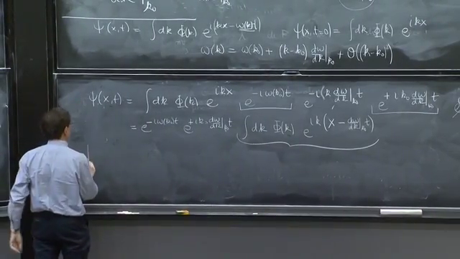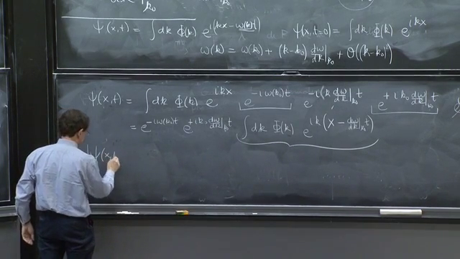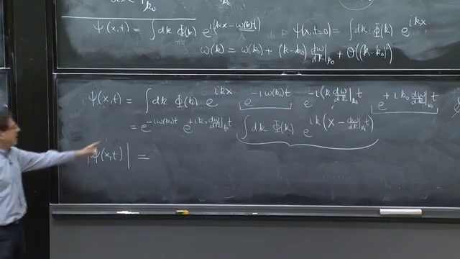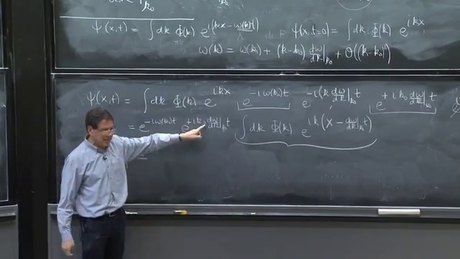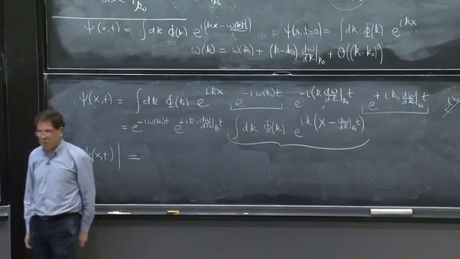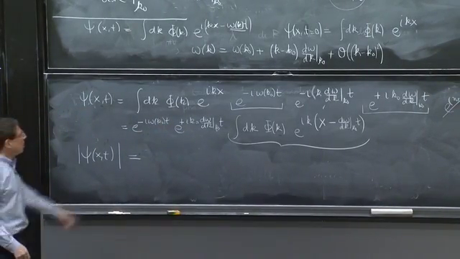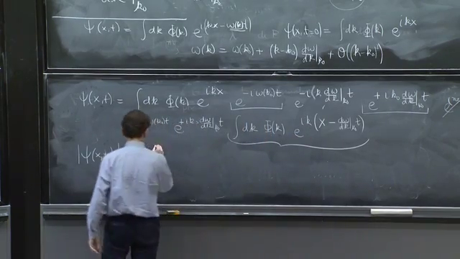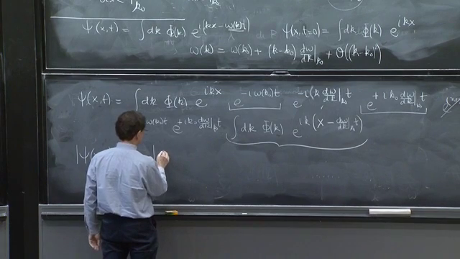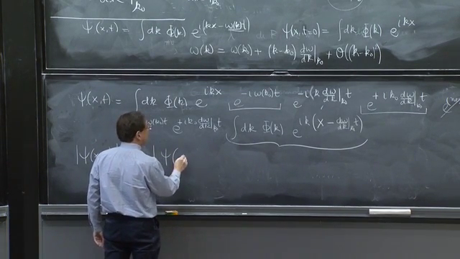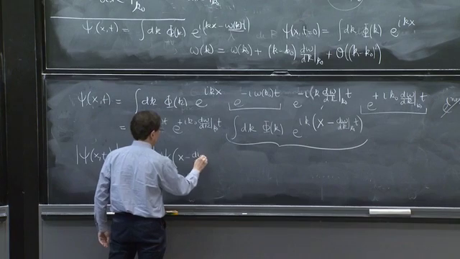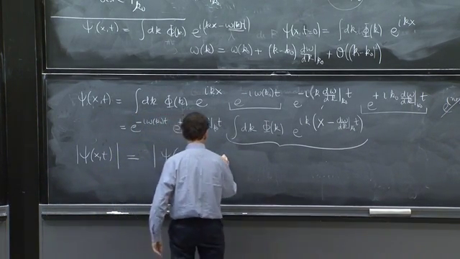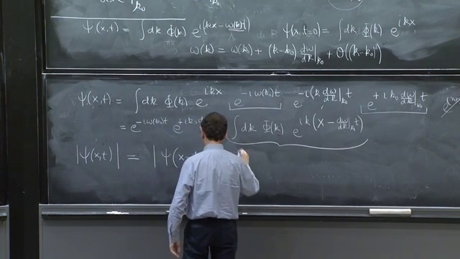So take the absolute value of psi of x and t. And now you say, that's why this is a pure phase. The absolute value of a pure phase is one. So it's just the absolute value of this quantity, which is the absolute value of psi at x minus d omega dk at k naught times t, comma, 0.